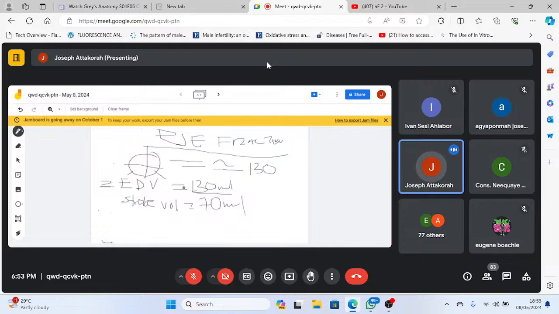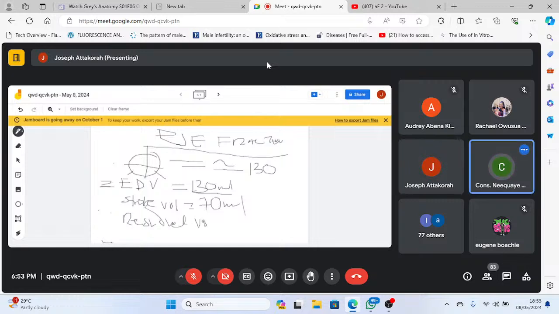It means that after each beat, there will be a certain amount left in the heart. That amount is called the residual volume, and it is approximately 60 mils.